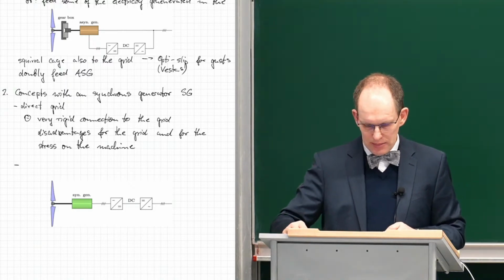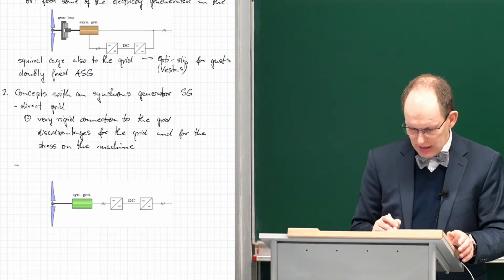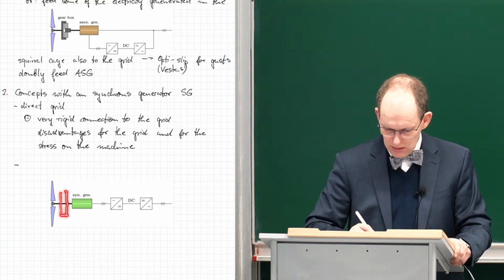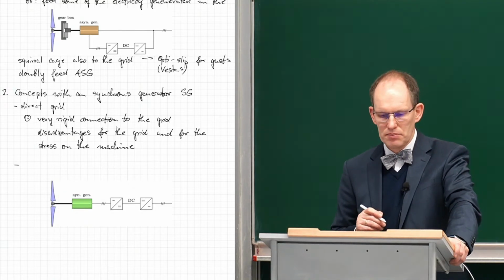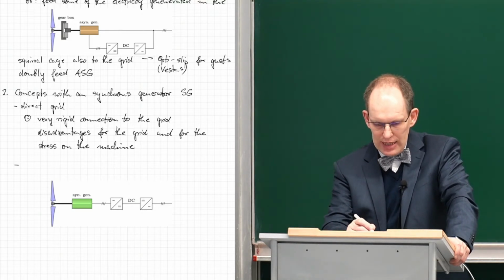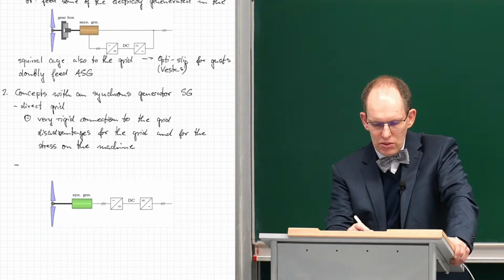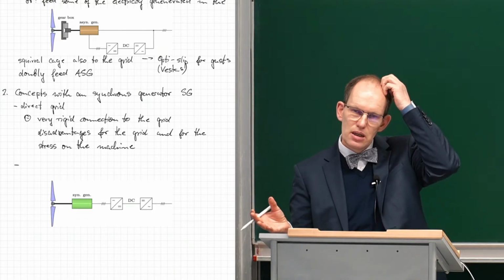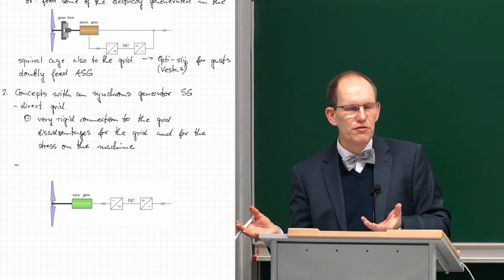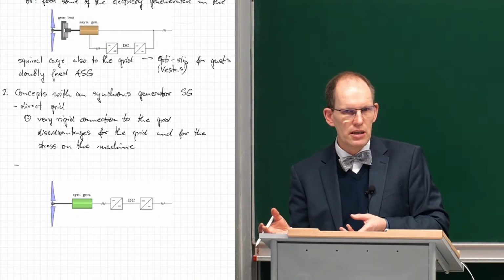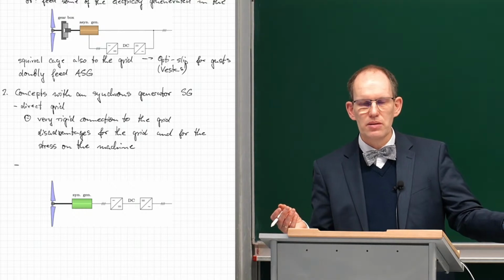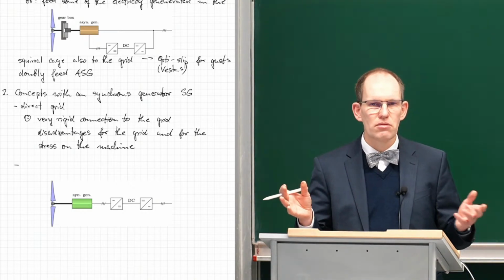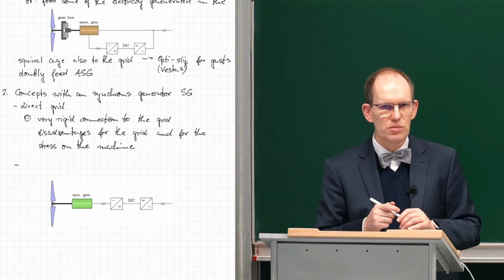What you could do is leave out the gearbox and use a synchronous generator which has enough poles such that you can efficiently generate electricity, but because you don't care about the frequency, this rotor can run at its optimum rotation speed.